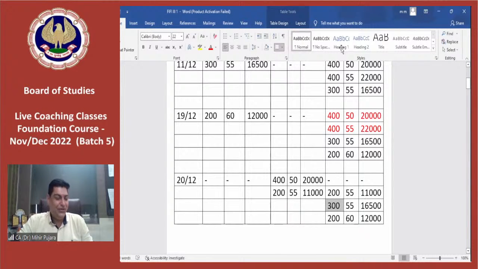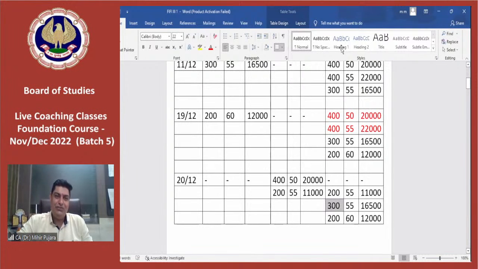So on 20th we are issuing 600 units. Now after 19th purchase, we have 4 lots: 400, 400, 300, 200. So the first lot will be issued first.